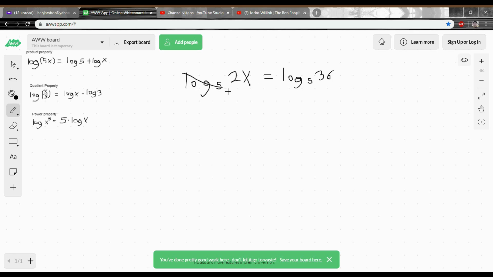So we can have these cancel. And that would leave us with 2x is equal to 36. And this is something that we can solve very easily. x in this case is going to equal 18.